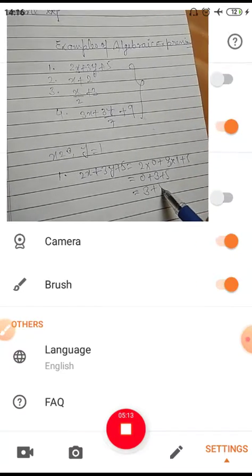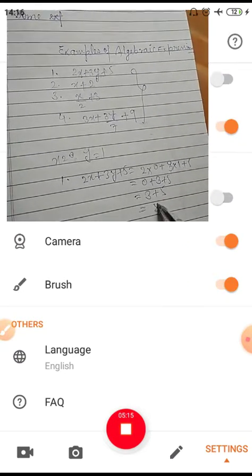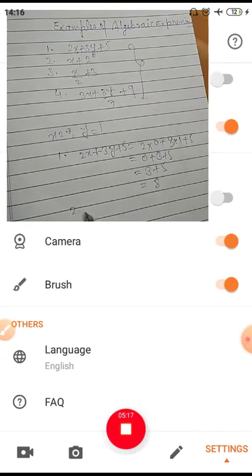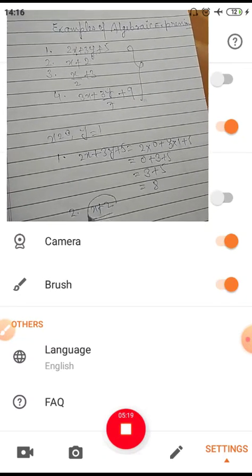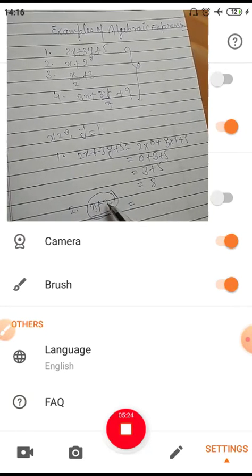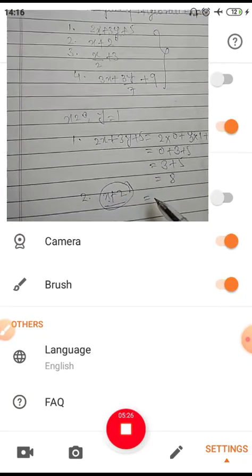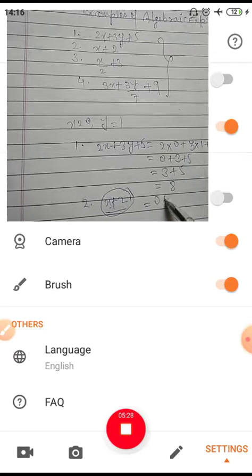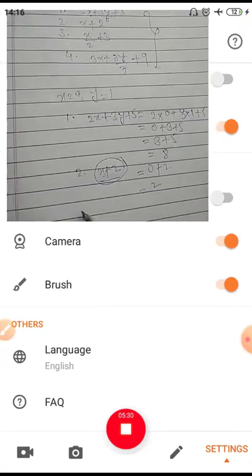So 3 plus 5 is equal to 8. Now second, x plus 2. If you choose x is 0 and y is 1, y is absent here. So 0 plus 2 is equal to 2.